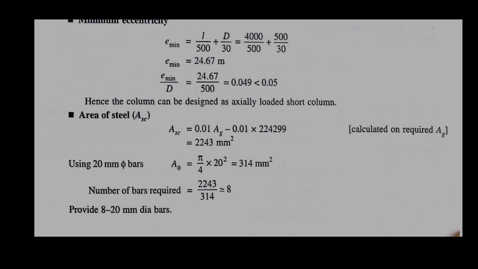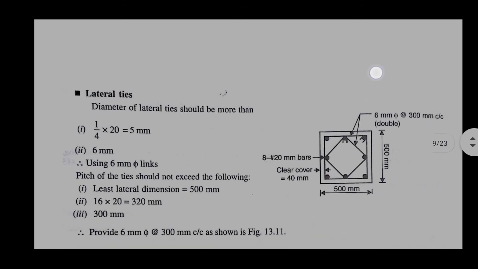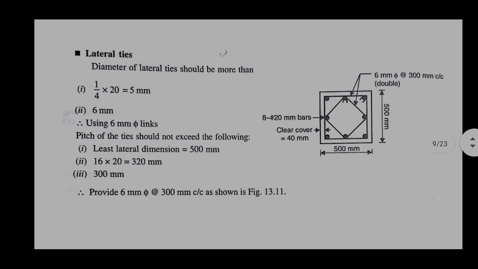Okay. That is complete. Now, we have to provide lateral ties, right. So, for lateral ties, the diameter of lateral ties should not be more than 1/4 of diameter of bar, that is 20, that is equals to 5 mm, and 6 mm.